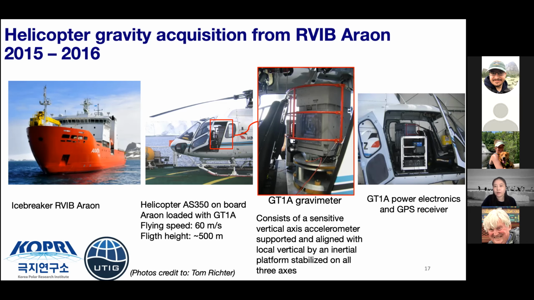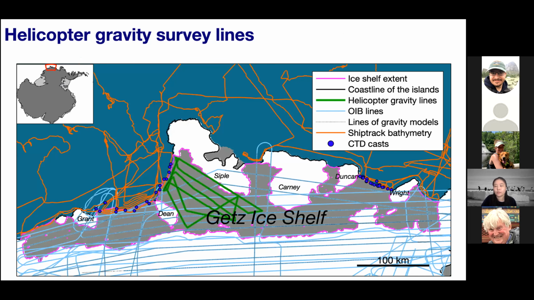The survey covers the area between Dean Island and the Sulzberger Islands, located in the west of Getz, as shown in these green lines. They cross existing coastal parallel operation IceBridge lines, which are shown in blue lines.